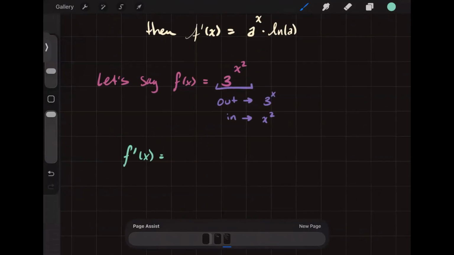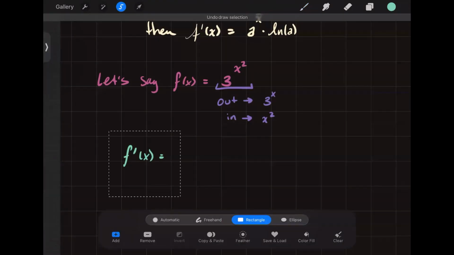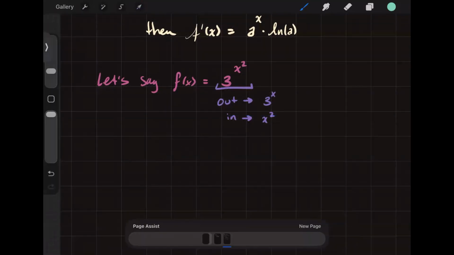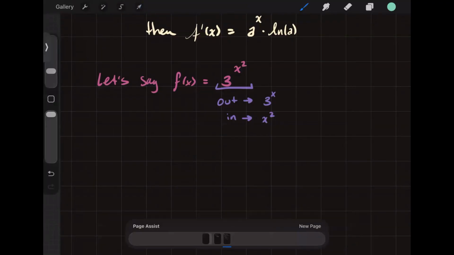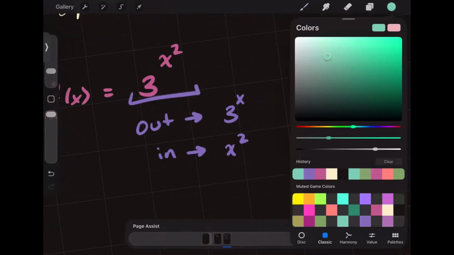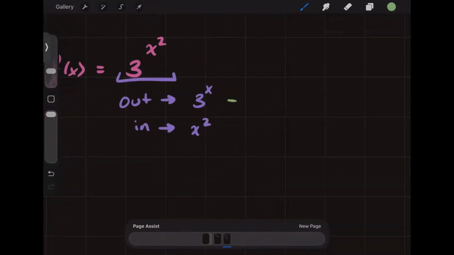actually, let me rephrase all that. Okay. In particular, you can actually classify this as like the g of x, right?